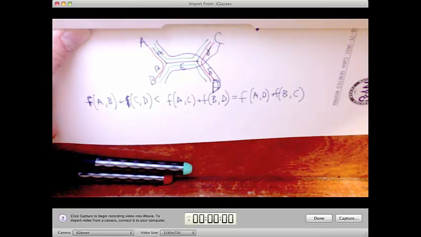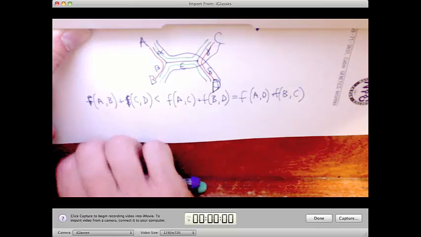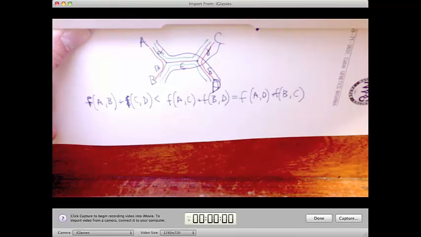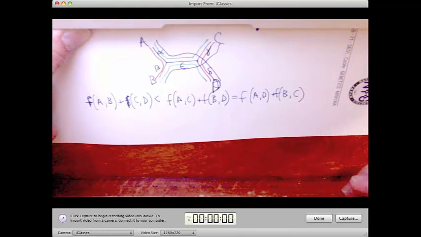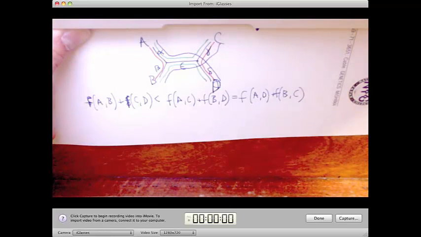Did I answer the question? Question? It's a way of testing whether the pairwise distances that you're given or which you compute actually seem to obey additivity or not.